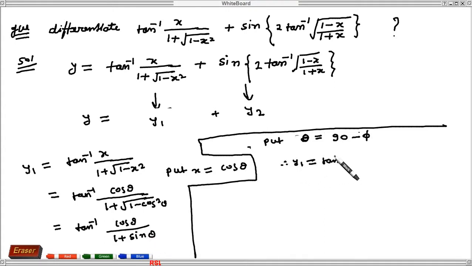Hence y1 will be tan inverse cos of 90 minus phi by 1 plus sine of 90 minus phi. Because we have to bring the terms in terms of tan, and when this remains like this, it will be very hard to bring this in terms of tan. That's why we are changing this.